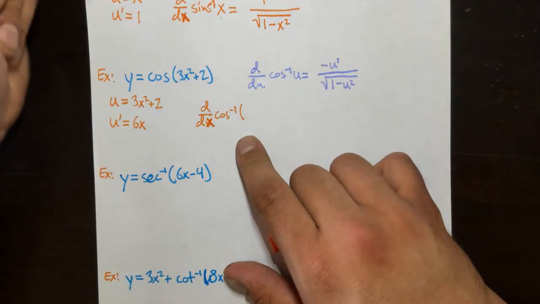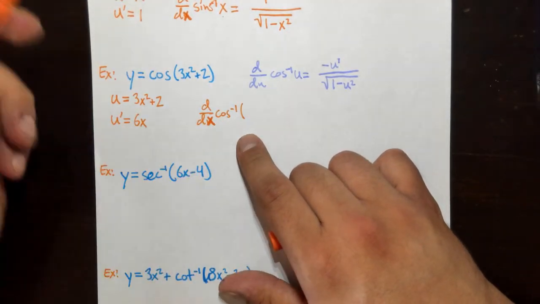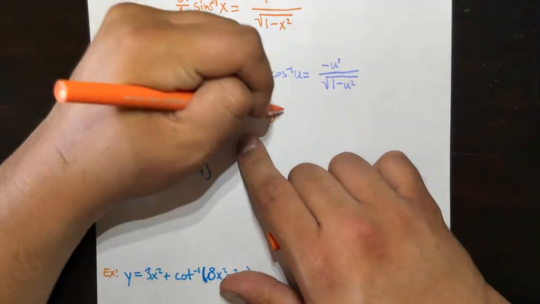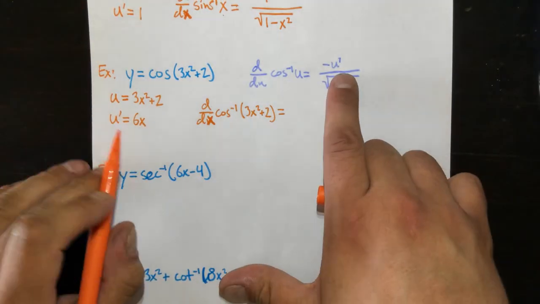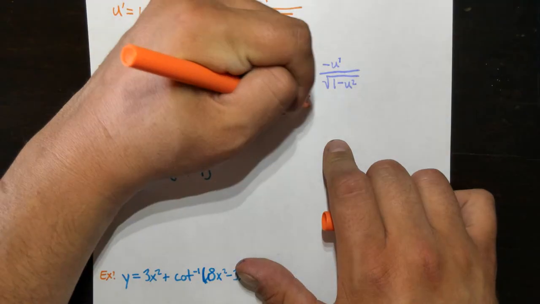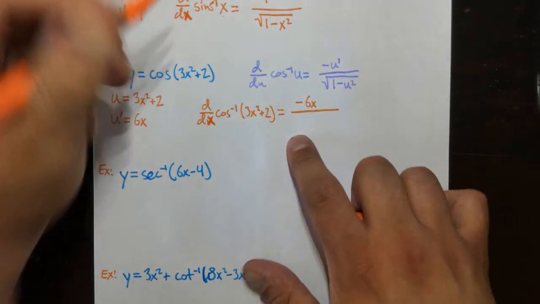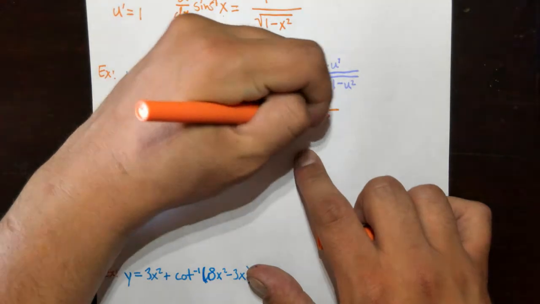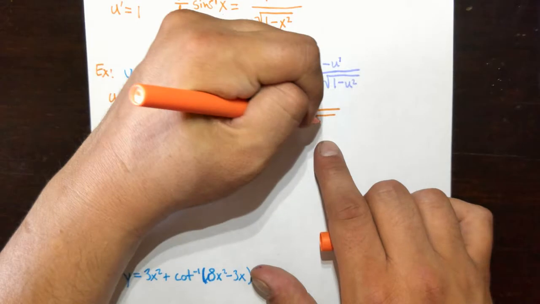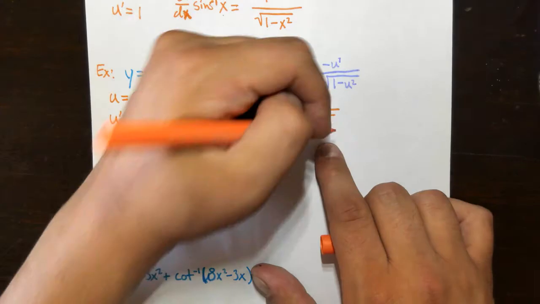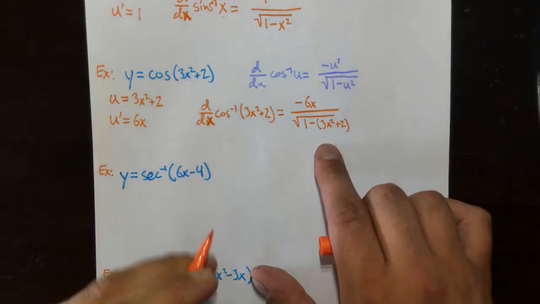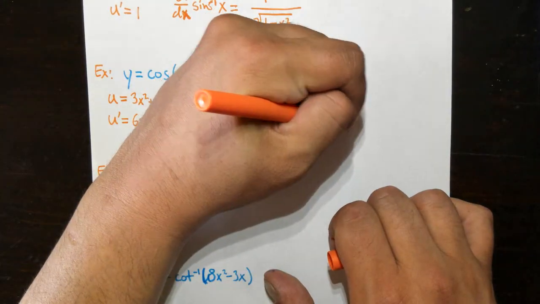So d dx of arc cosine of 3x squared plus 2 is equal to negative u prime, so that's going to be negative 6x over the square root of 1 minus, and then in parentheses, 3x squared plus 2, and that whole thing gets squared because it's u squared.